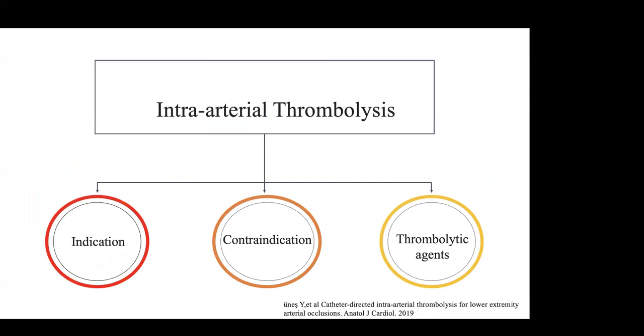Intra-arterial thrombolysis: the indication is limb ischemia fitting within Rutherford's 2B criteria, with onset of symptoms of less than 14 days. These can be considered for intra-arterial thrombolysis.